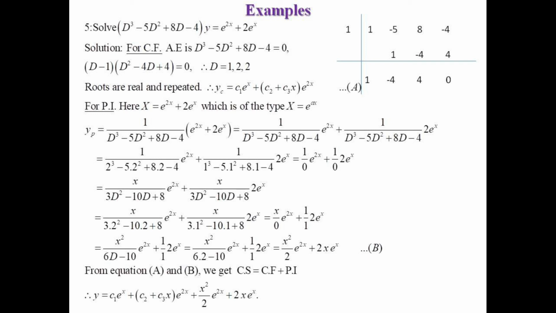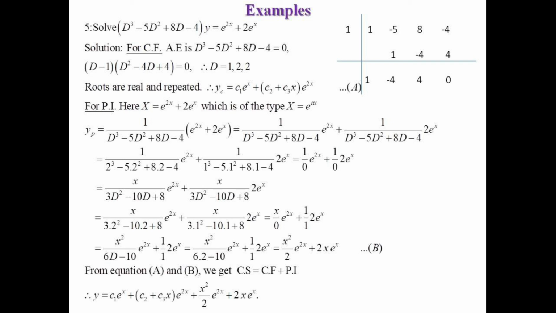The sum of the first and third coefficients is 1 plus 8, that means 9, and the sum of the other coefficients is minus 5 and minus 4, which is minus 9. So plus 9 and minus 9 are not equal, which indicates that D equal to minus 1 is not a factor.